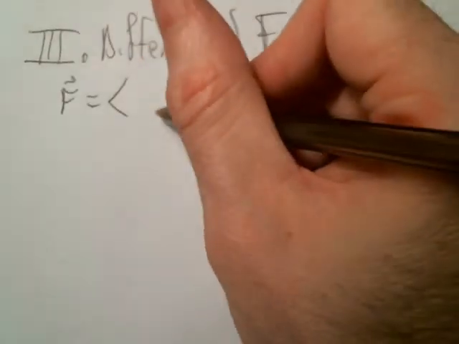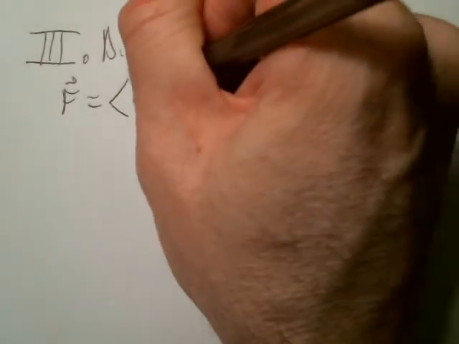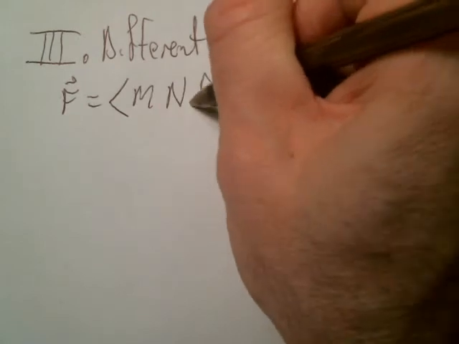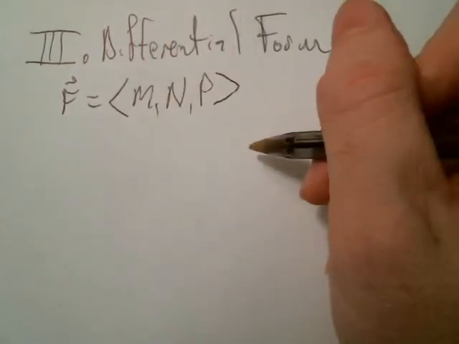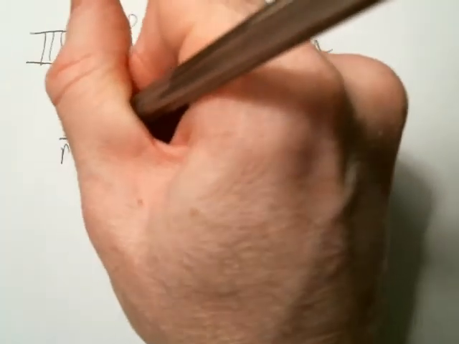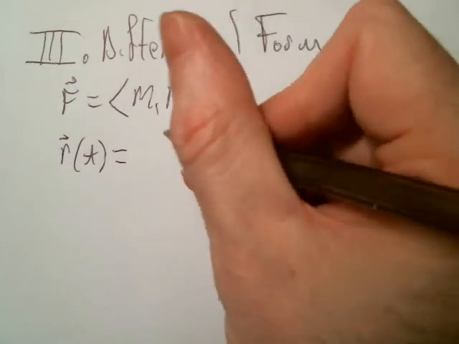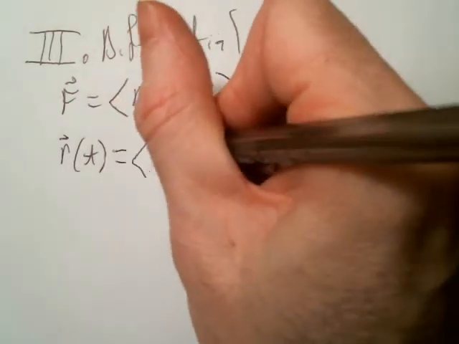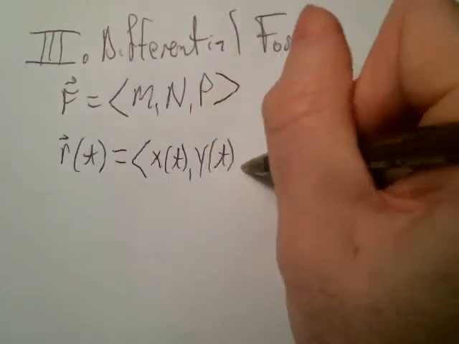Instead of writing x of t, y of t, z of t, the book is just going to write m, n, and p for x, y, and z. Then your vector valued function, r of t, the curve that we're integrating over, we'll call x of t, comma y of t, comma z of t.